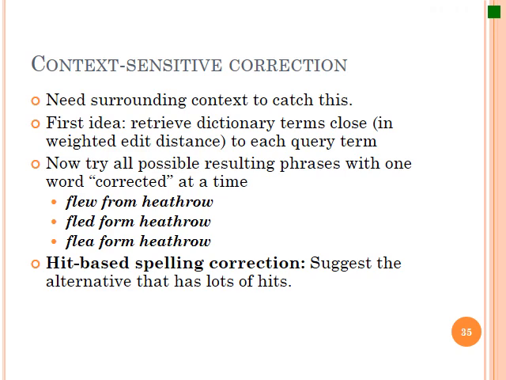I vary it in such a way that it becomes a correct word, and then I search in my documents to see how many hits I have in my index. If this corrected query returns a lot of hits, then this is more likely to be a correct correction of your original query.